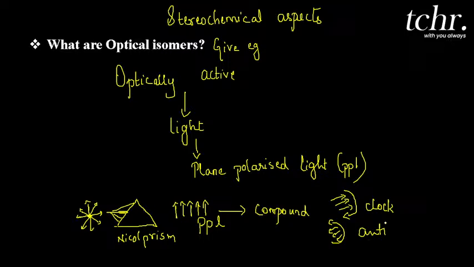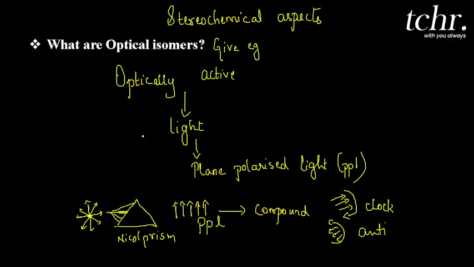Now what are optical isomers? Students, optical isomers are those compounds which, when exposed to plane polarized light, one can rotate it in a clockwise direction and one can rotate it in an anti-clockwise direction, and they show two types of isomerism, two types of isomers.